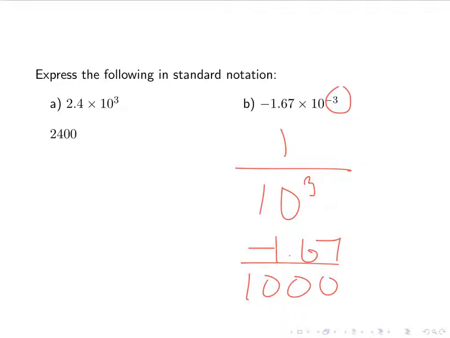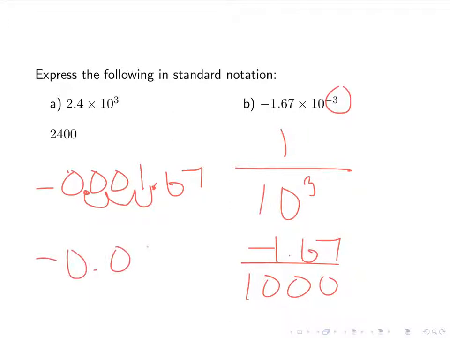So I'm moving the decimal in the other direction, to the left. So again, I'm going to put some zeros out front, and then 1.67. So here's where the decimal is. I'm going to move it 3 places to the left. So my new number is negative 0.00167.